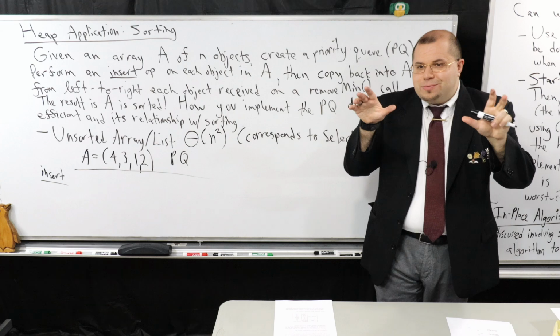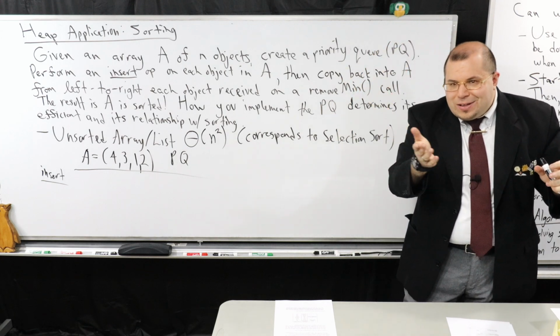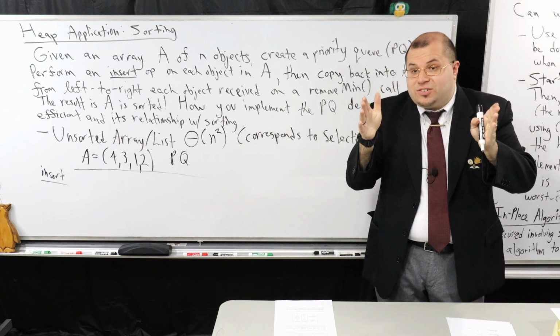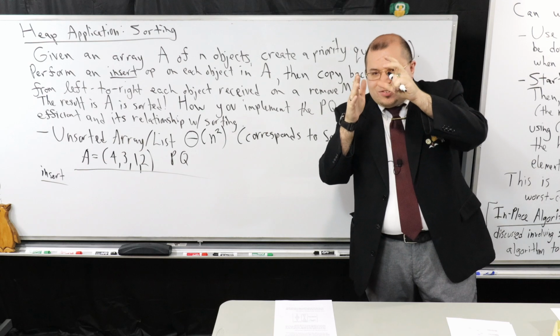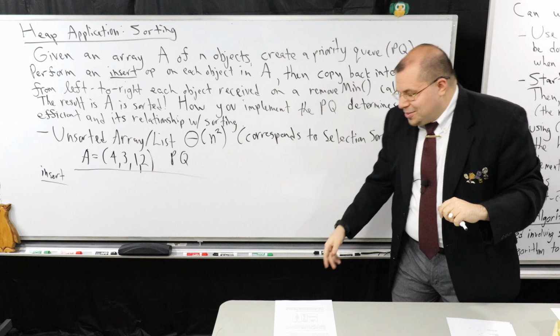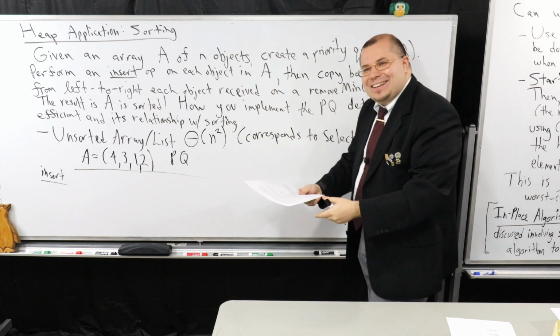I want to just remind you, in selection sort, as you perform the sorting, there's going to be a part of the array that's partly sorted, meaning that it's sorted up to that point, and then everything else might be unsorted. So what I want to show you is how that pops up in this.